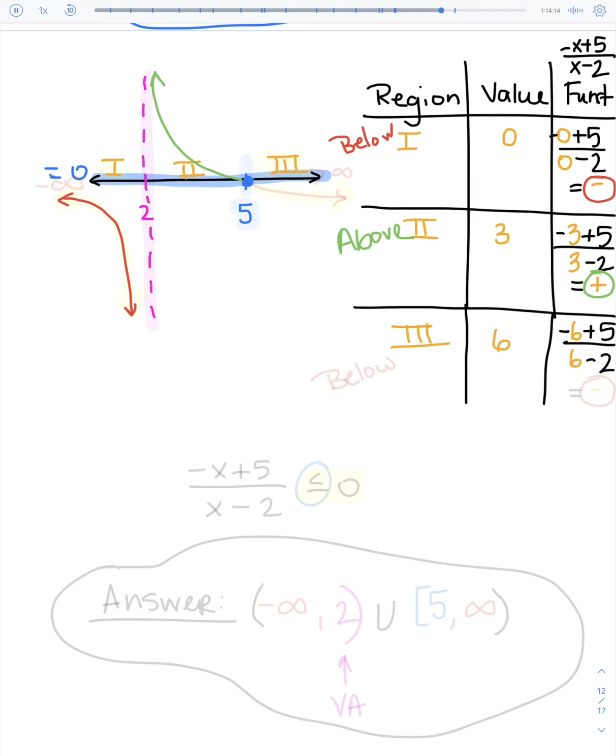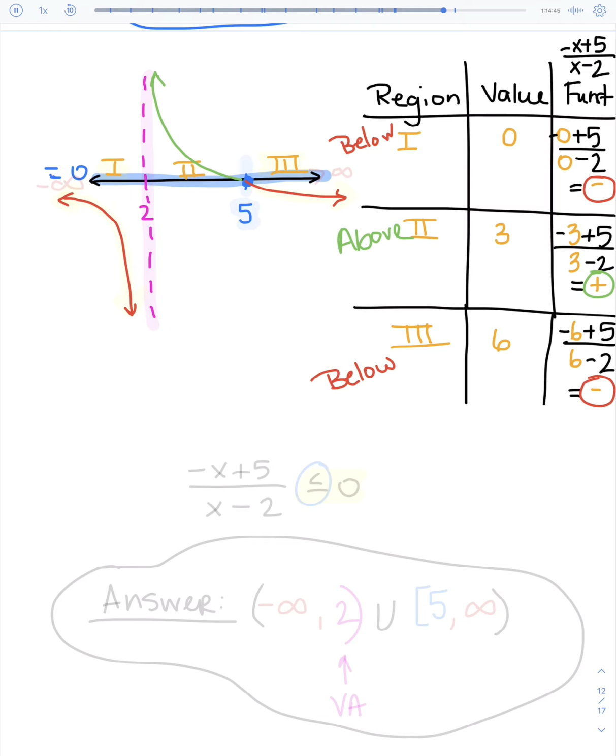Notice the negative 6 plus 5 on top means you'll get a negative on the top, and you'll get a 6 minus 2 on the bottom, which is a positive on the bottom. So a negative on top divided by a positive on the bottom will get us actually a negative value. So in region 3, we're going to end up with negative values, which means we'll end up below the x-axis, which means our graph will just continue and slide underneath the x-axis.